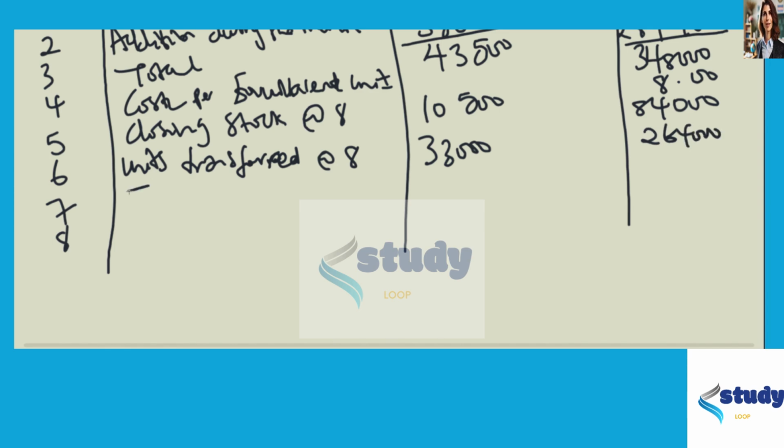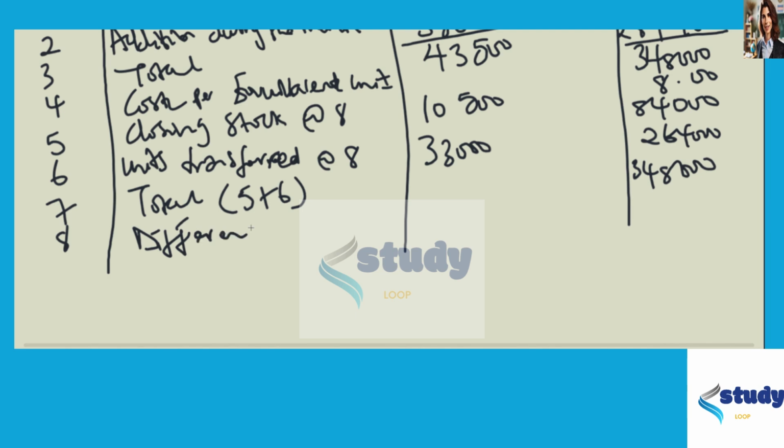And then we have the total. The total is the total of the closing stock and the units transferred. So that's 5 plus 6. And the total of it is 348,000. Now, the difference between them would be the total for this minus the total for this, which is 3 minus 7.